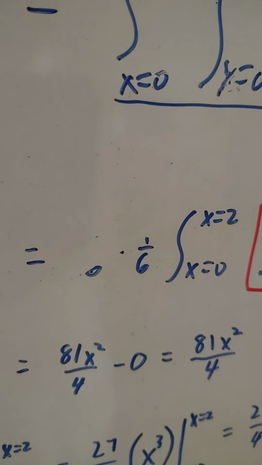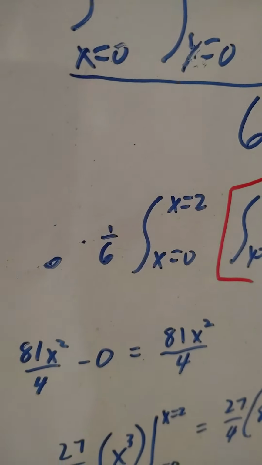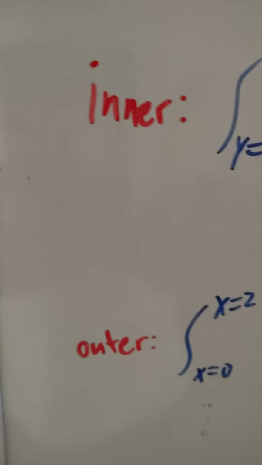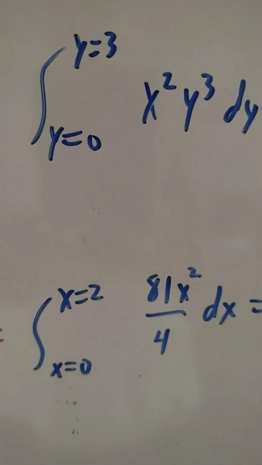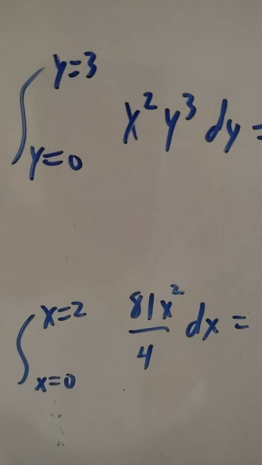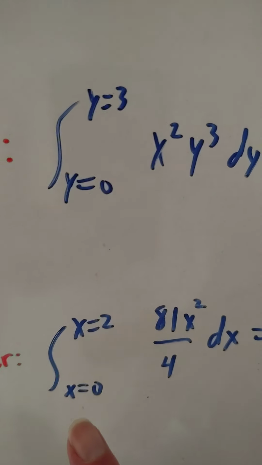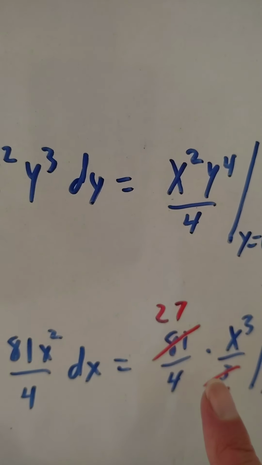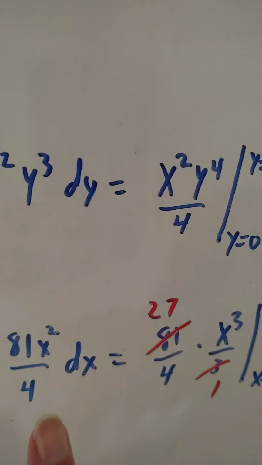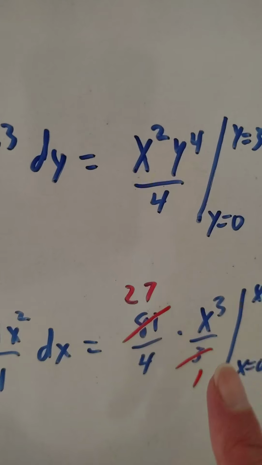And now all we've got to do is the outer integral where we input that answer. So for my final answer, go to the outer integral, which is in terms of x, and input that answer. If you want, you can pull out the 81 fourths, or you can just say the answer is going to be 81 fourths times, and then the integral of x squared dx is x cubed over 3.